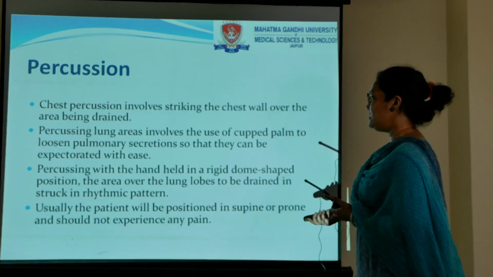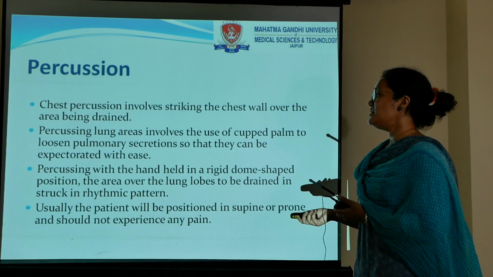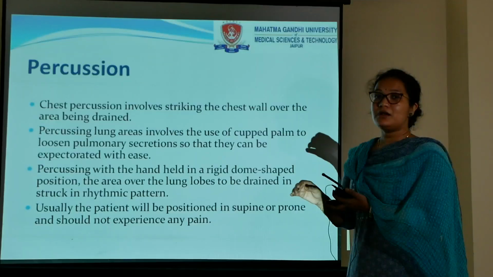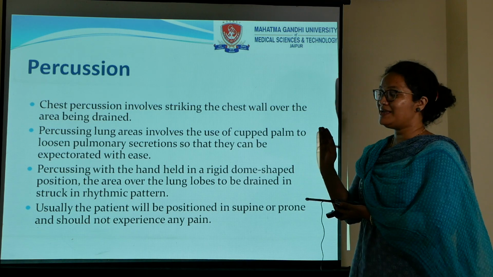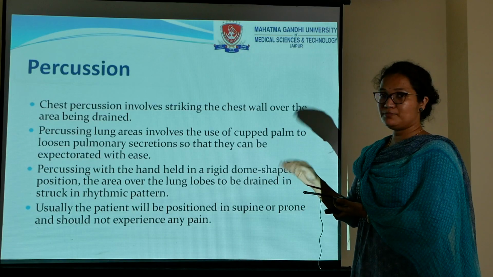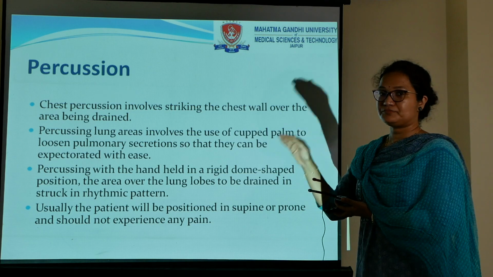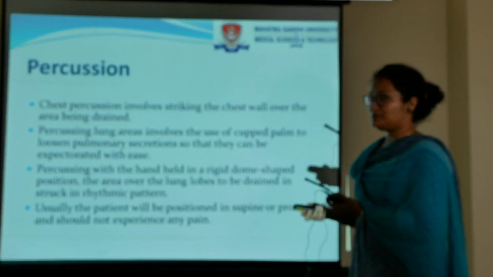Percussing is done with the hand held in a rigid dome-shaped position, over the area of the lung lobe to be drained, and struck in a rhythmic pattern. So if we are doing percussion, it should be done in a rhythmic manner like this, not like this, over the chest wall of the patient.